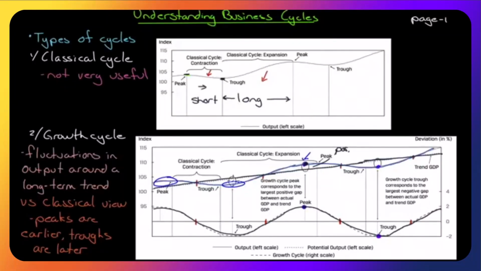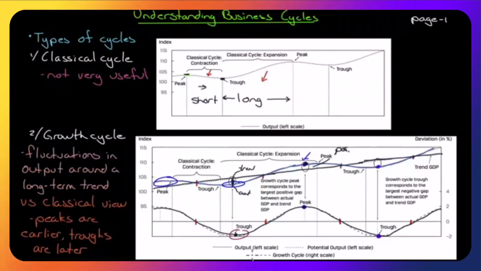And the trough is the widest distance between actual, there's actual, versus what trend should be. So here, actual output is below trend output. The economy is performing below its potential. Maybe it needs something, right? A little push. And that would be then considered the trough. Notice what happens here when we move to this definition.